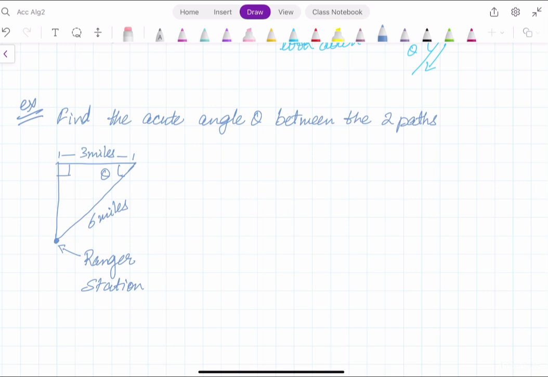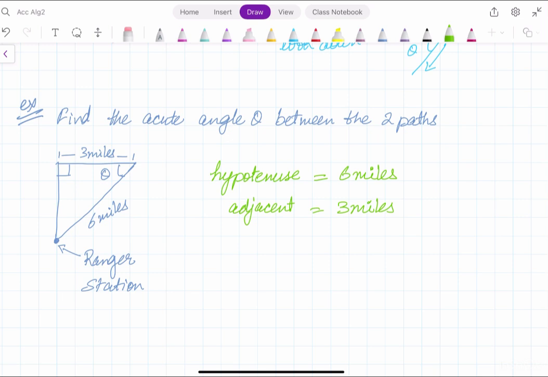Now we want angle theta, right? So if you look at angle theta, do you think the side opposite to theta is given? No. Do you think the side opposite to 90 degrees is given? Yes, that is a hypotenuse, which is 6 miles. And the side just next to theta is given, which is nothing but adjacent, and that is 3 miles.